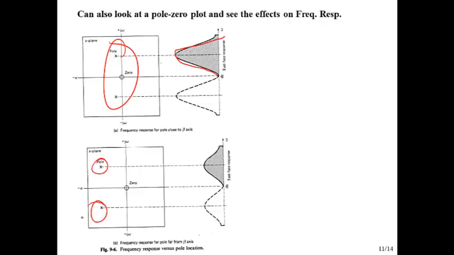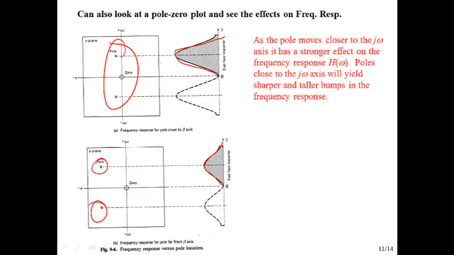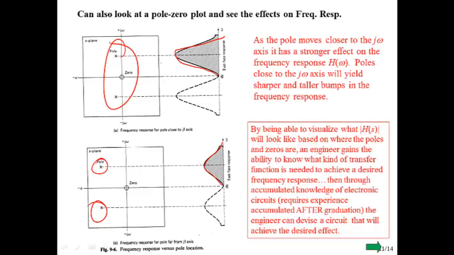As they move further from the j omega axis, we get less pronounced peaks. Same thing as for the discrete time case, except there it was closer to the unit circle or farther from the unit circle. So just keep track of all those kinds of ideas and the distinctions. Like I said, the big ideas are the same, but the details are changing just a little bit.